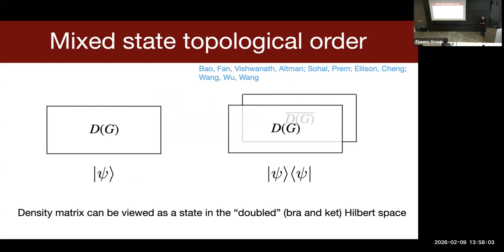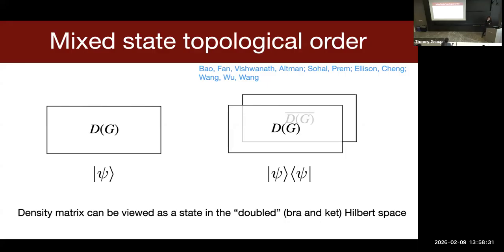In mixed states, what we're studying, rather than a state, are density matrices. But there's this cute trick that you can play, which is to view a density matrix as itself a state in a doubled Hilbert space. If I take the bra and ket Hilbert spaces and tensor them together, I'm viewing my density matrix as a state in this bigger Hilbert space.